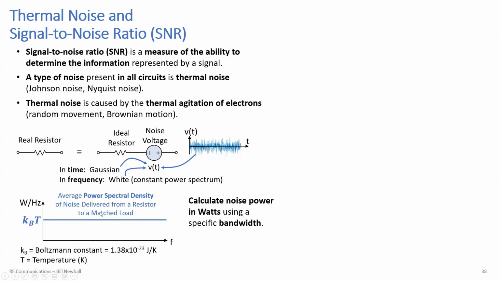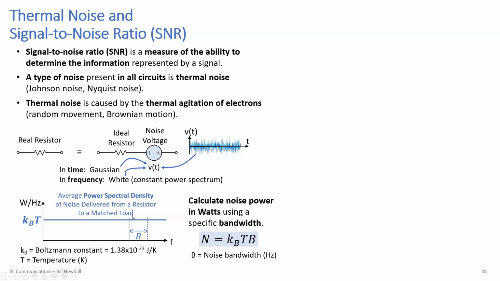So you filter around some spectrum, and you multiply that bandwidth times the power spectral density, if it's, let's say, a rectangular bandwidth, and you get power. That means noise is equal to kBT times B, where B is the noise bandwidth in hertz.